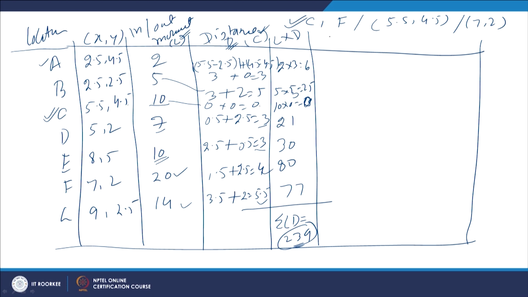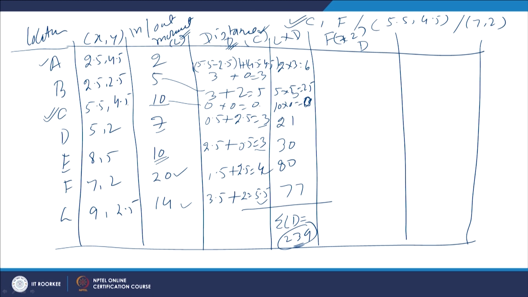If we consider F as a potential site for choice having the coordinates of 7 and 2, then for that the distance is to be obtained. So, what will be the distance to be travelled between A and F?